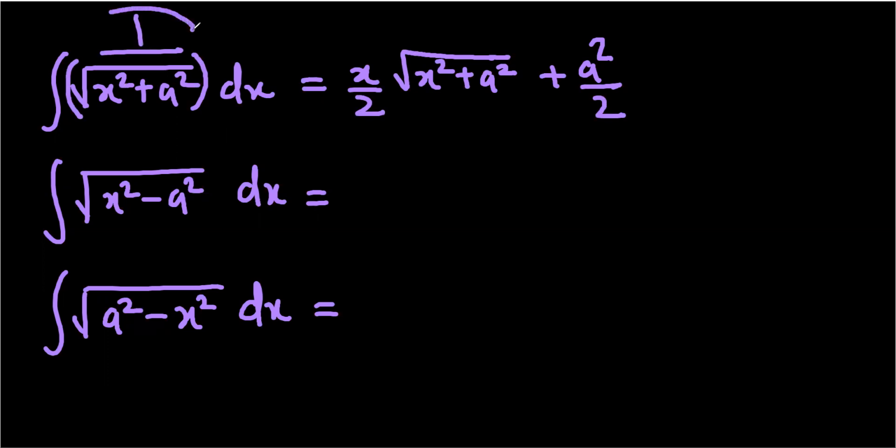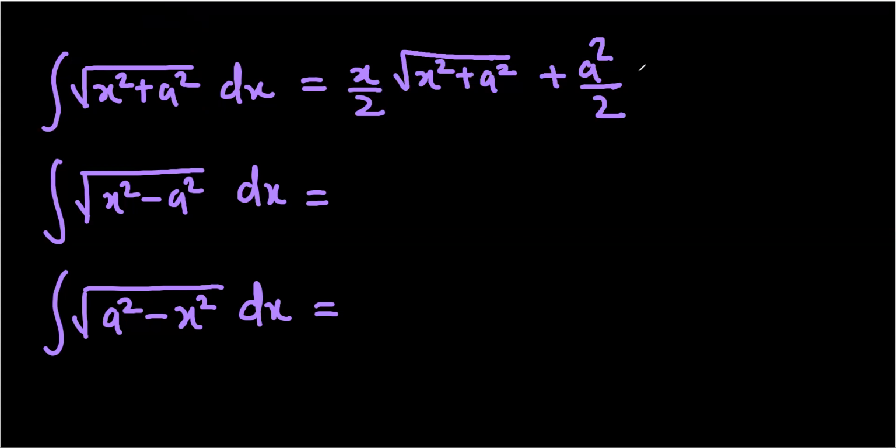That is, you will use set two theories here. You will use integral of 1 upon square root x square plus a square. What is integration of 1 upon square root x square plus a square? And that you will multiply with a square upon 2.